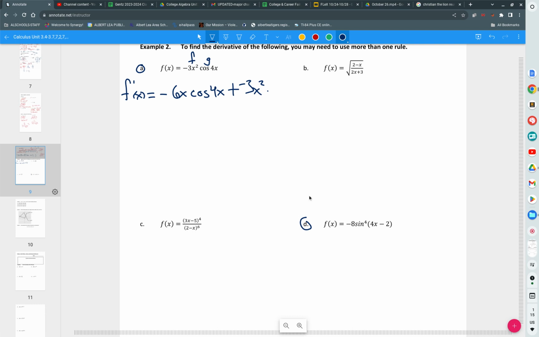The cosine of 4x, as Addie says, requires the use of the chain rule. I'm not even going to make the boxes. What's the derivative of the inside? 4 times, what's the derivative of the outside? Negative sine, with the inside left alone.